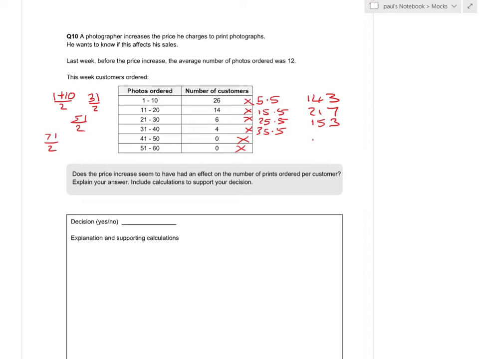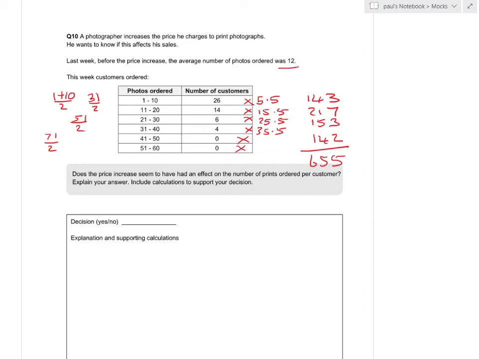And 4 times 35.5 is 142. Add all those up. 142 plus 153 plus 217 plus 143 is 655.